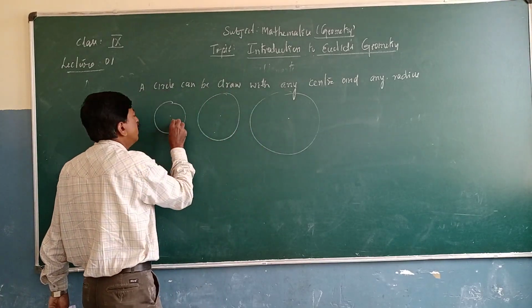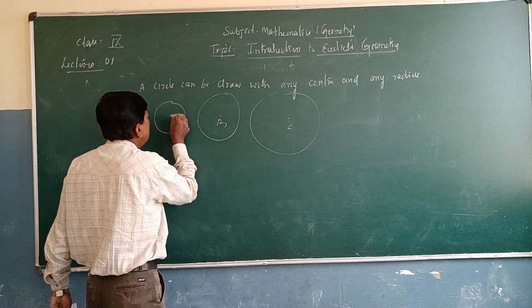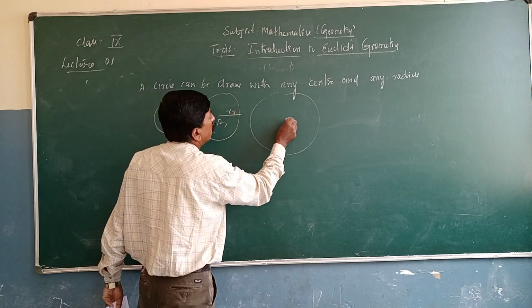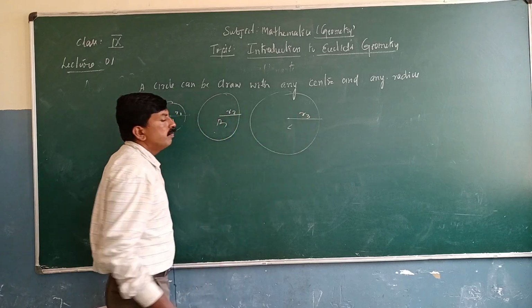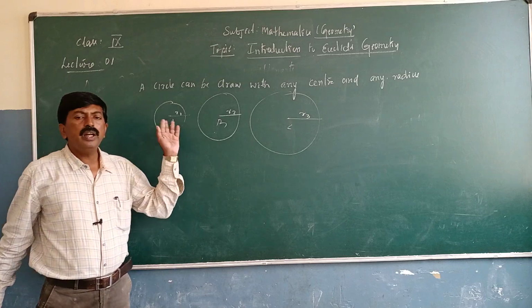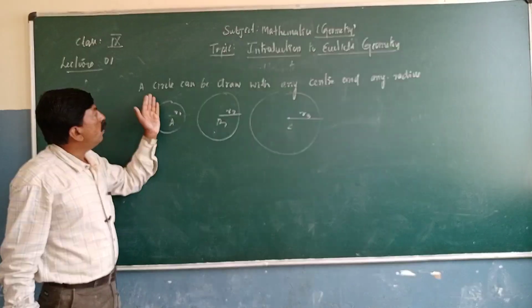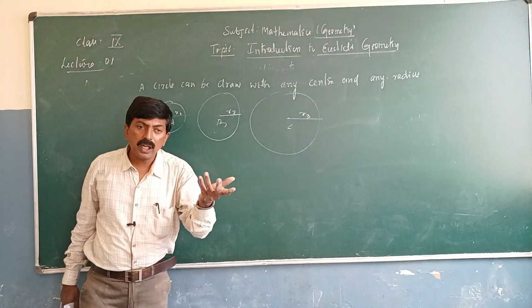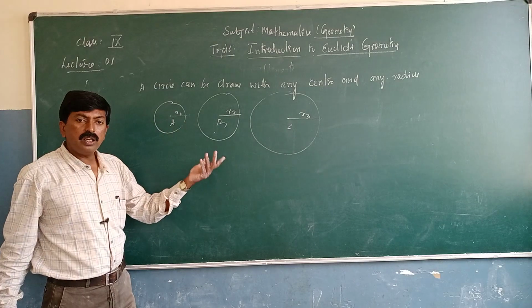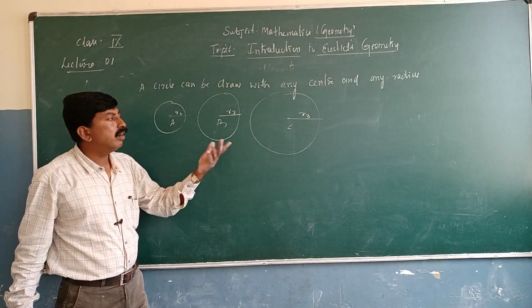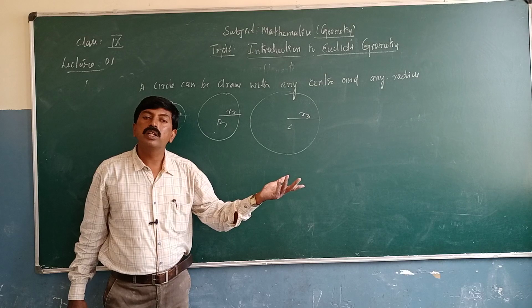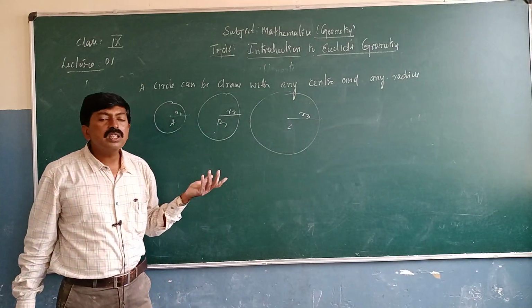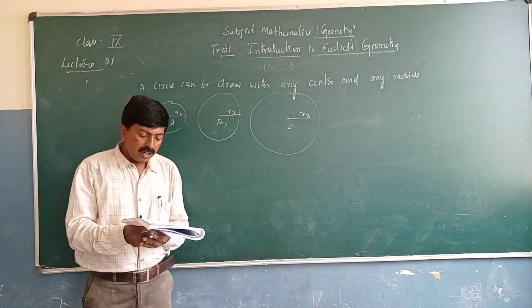Call the centers A, B, C. Here to here is R1, here to here is R2, and here to here is R3. Observe, the centers will differ and the radii will differ. Therefore a circle can be drawn with any center; there is no particular point. Depending on the radius, the radius will differ from one circle to another. For this also, proof and discussion are not necessary.